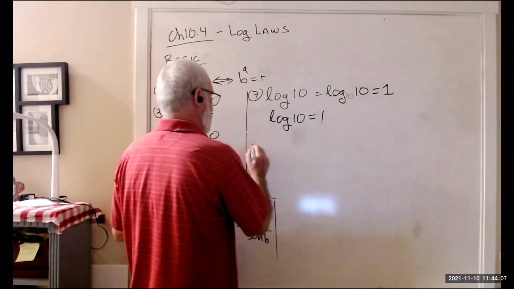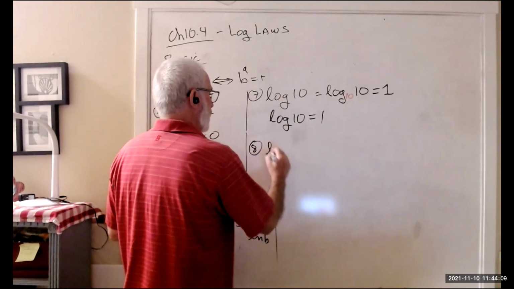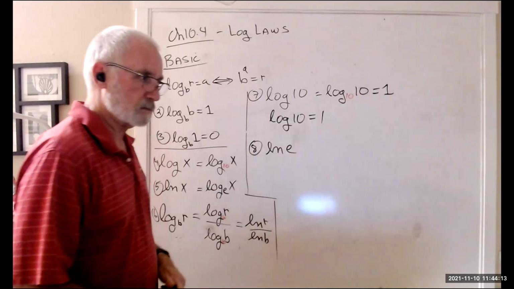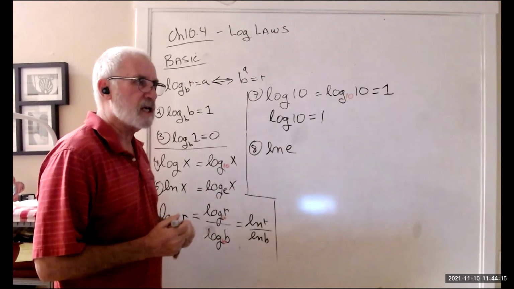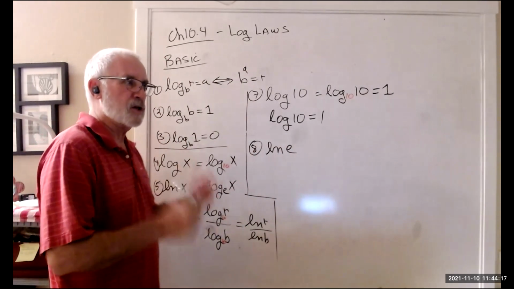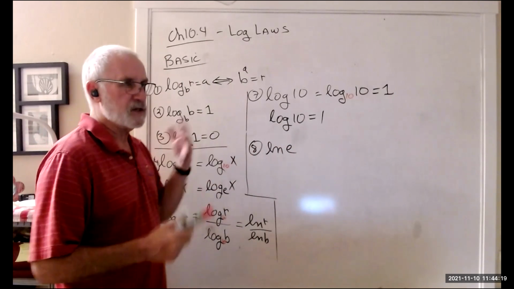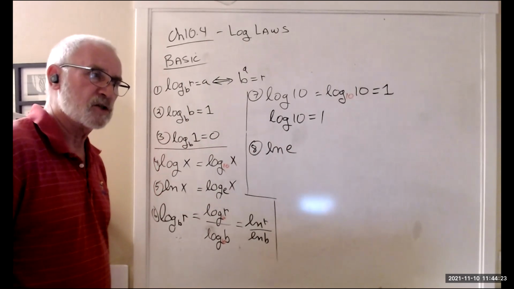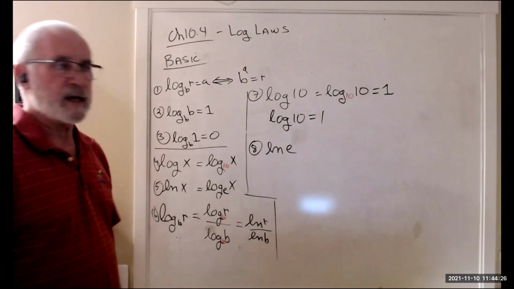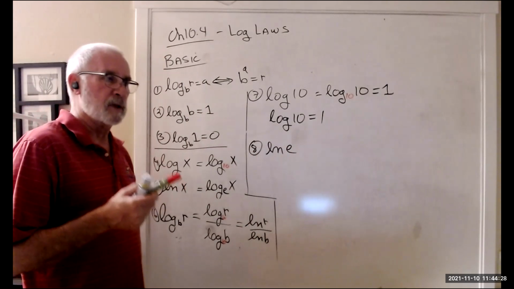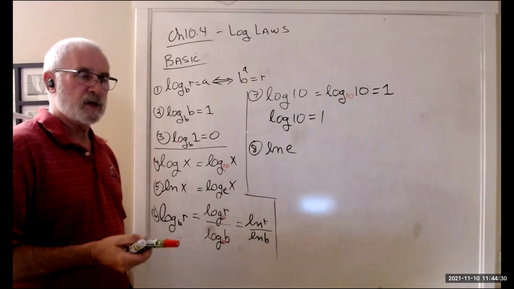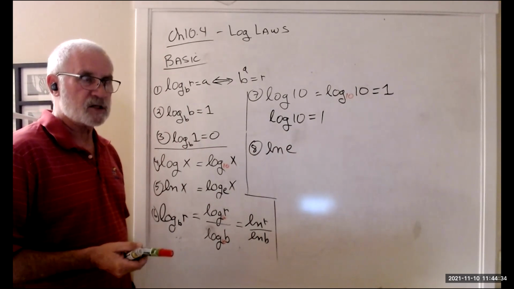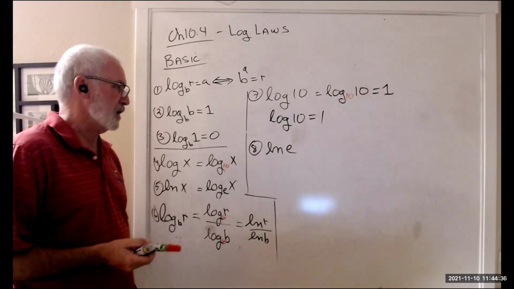Now, super duper important: the ln of e. Remember, I introduced e as some magic number, 2.78 something or other, used quite a bit in social sciences, or any science dealing with living things. Any biological science will use e. Somehow it'll show up. It always does.